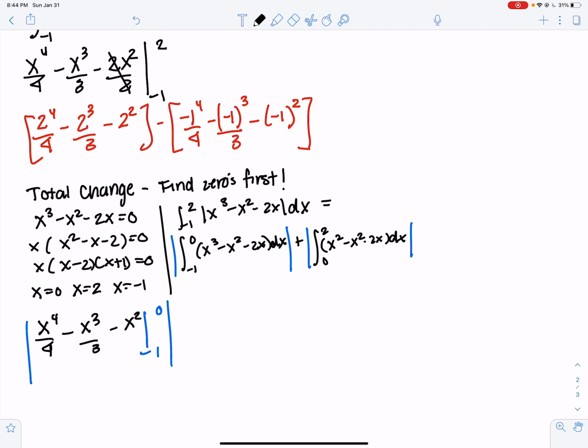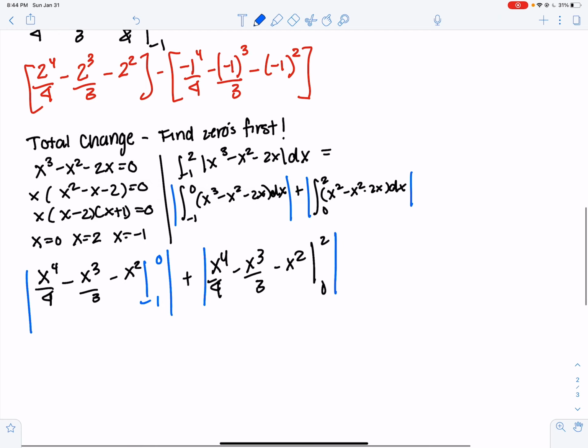And then same thing, plus, from 0 to 2, but don't forget to take the absolute value. Okay, you cannot leave it like this. You have to plug in. You don't have to do arithmetic. You can leave things as a sum or a difference, but you do have to plug in.